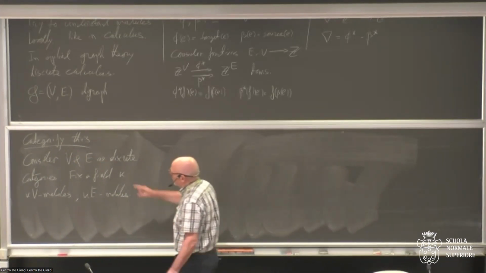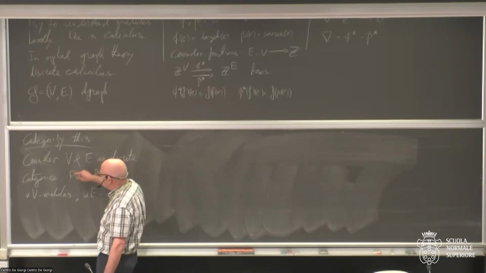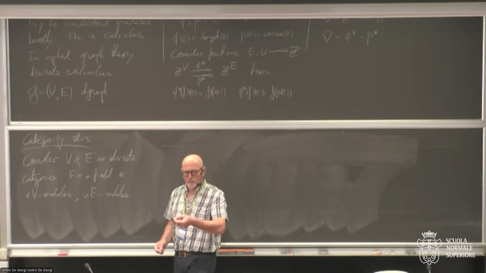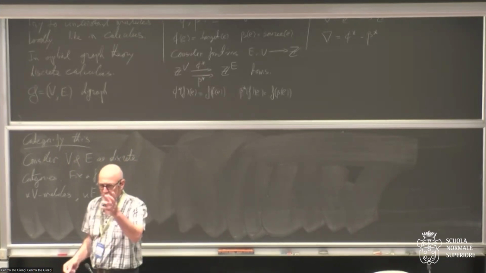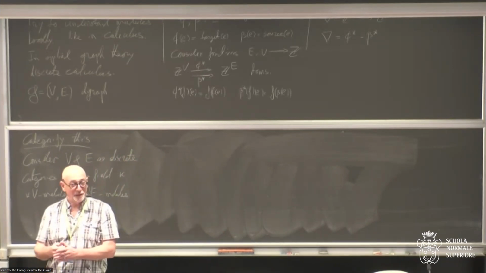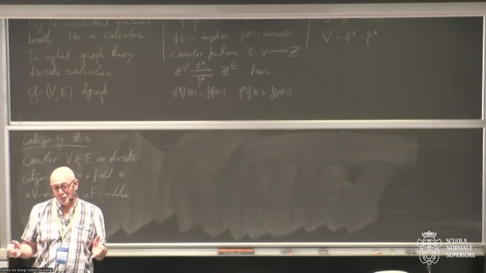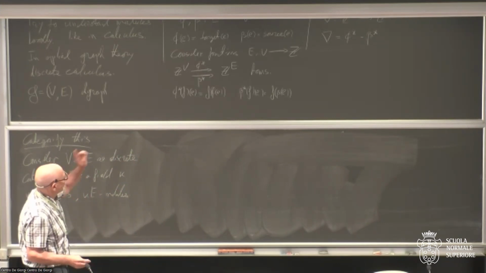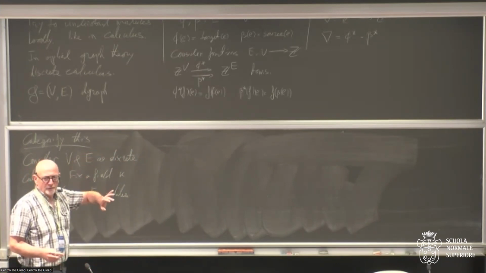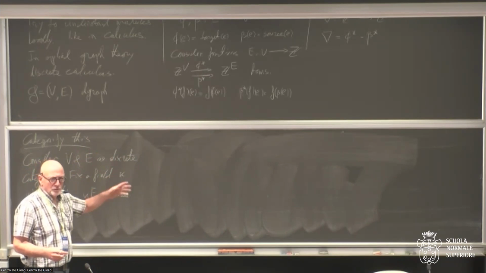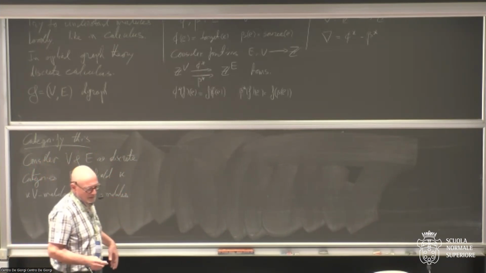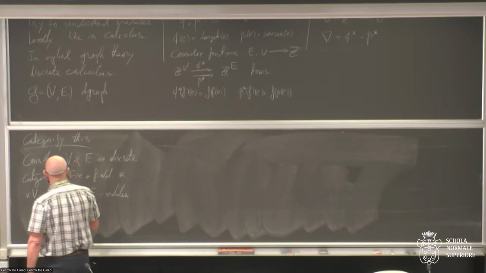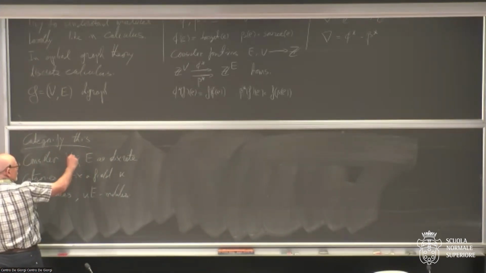Think about it. A KV module should be a functor from V to K vector spaces. So for every object, I have a vector space of some finite dimension, okay? But there are no non-identity morphisms.